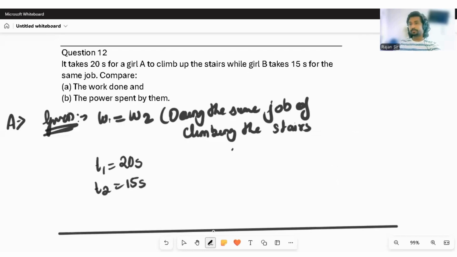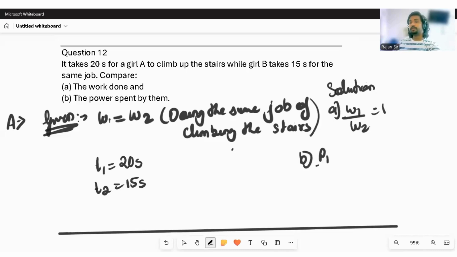Let's go for the solution. Now the solution is very interesting. The first part, compare the work done. So we have W1 by W2 is equal to 1 since they are doing the same job. No problem. So 1:1 you can say, or just 1. B, power spent by them. So we have P1 by P2 would be W1 by T1 upon W2 by T2.